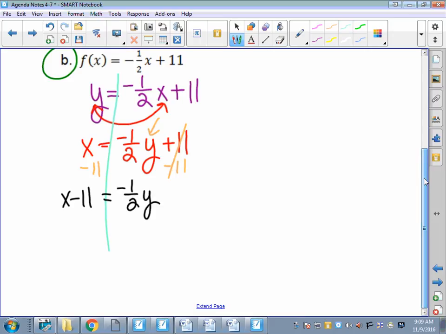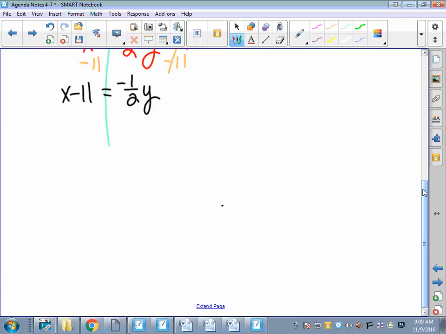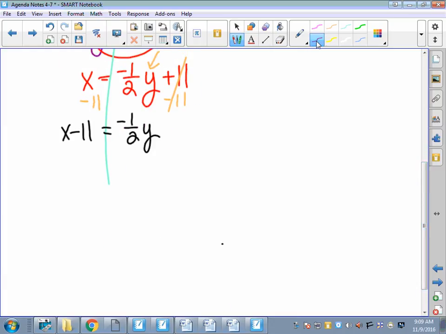This is where I'm going to ask you now to do the reciprocal. So many of you are probably thinking to yourselves, yep, I'm going to divide by negative 1/2 on both sides. But now we've got a really awkward looking answer for our inverse function. So instead of dividing by negative 1/2, we multiply by the reciprocal, negative 2 over 1, or negative 2.